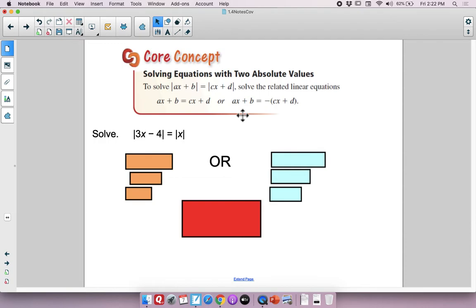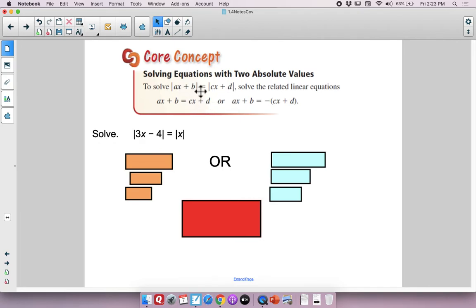Now think about it. Why does this work? I don't want you to just say, oh, Mr. Kalin said to do it this way. Why? Think about it. If what was inside ax plus b is the same as what's inside cx plus d, then obviously their absolute values would be equal. But what if ax plus b had a value that was the opposite of cx plus d's value?